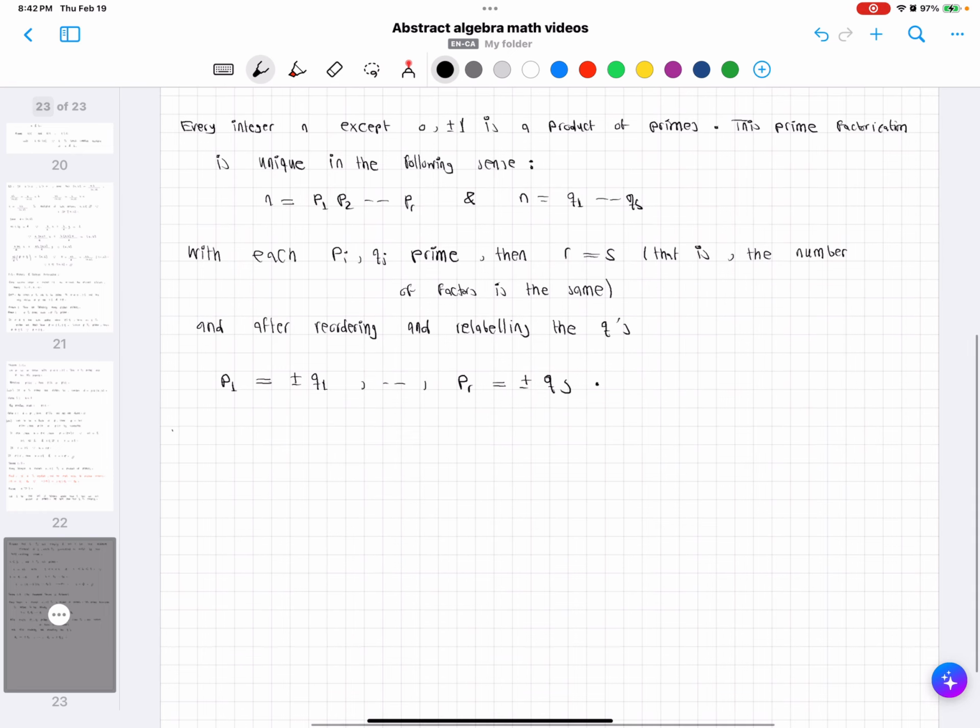Yeah, so let's prove it. Every integer has at least one prime factorization, from the previous result. So all we have to do is show they have the same length, because if they are the same length, then we could keep canceling things out and apply one of the previous corollaries that we have.